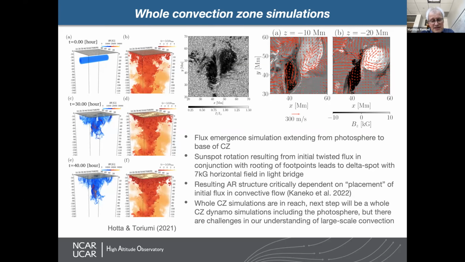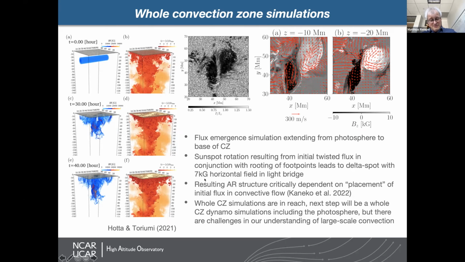With these simulations, they were able to form rather complicated active regions, an example of delta spots here, which have strongly twisted light bridges with field strengths of up to 7 kilogauss in this case.